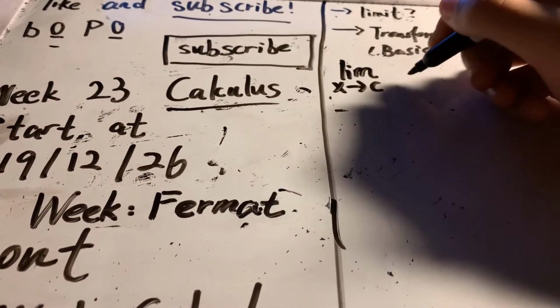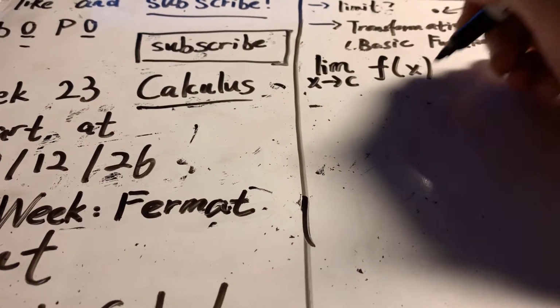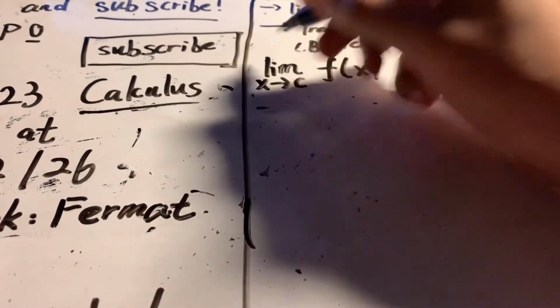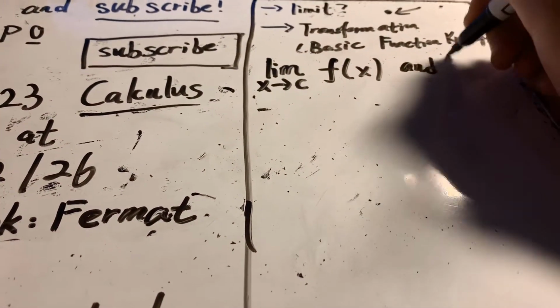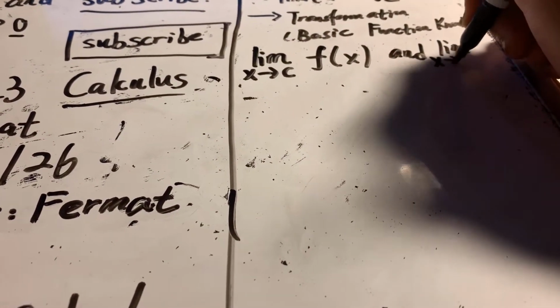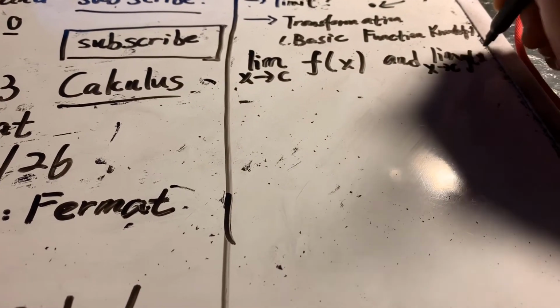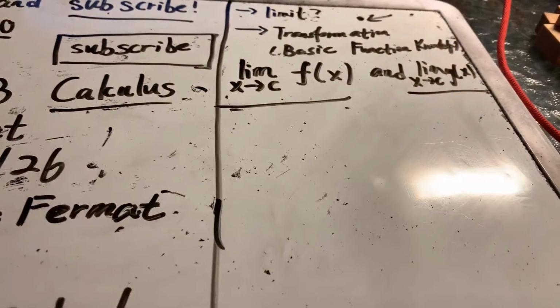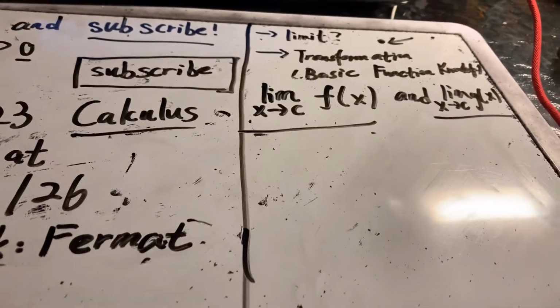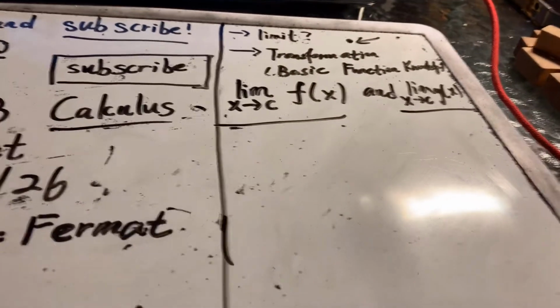First, if these two limits both exist, this is important, because if either of them does not exist, you cannot just put them inside and calculate.